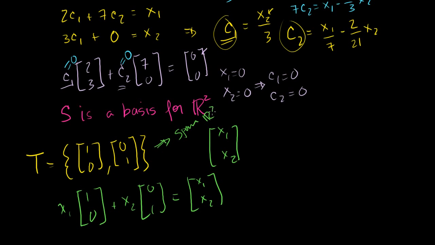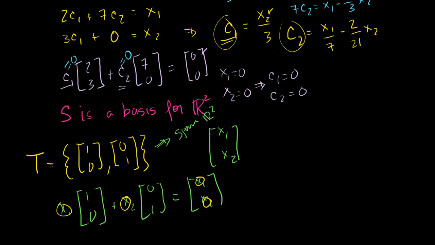Is it linearly independent? Well, if you wanted to make this equal to the 0 vector, if this is a 0 and this is a 0, then this has to be a 0 and this has to be a 0. And that's kind of obvious. There's no way that you could get one of the vectors by some multiple of the other one. There's no way you could get a 1 here by multiplying this by anything, and vice versa.